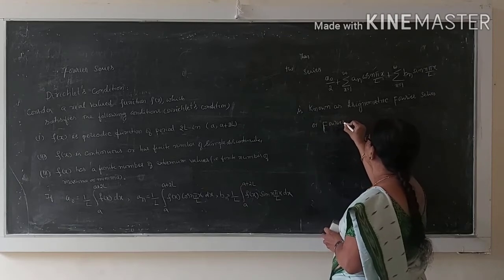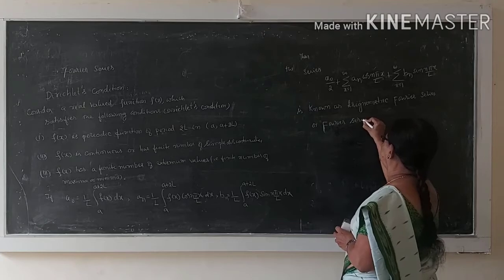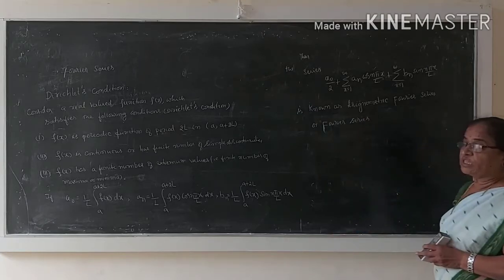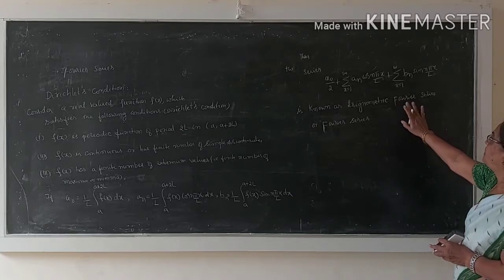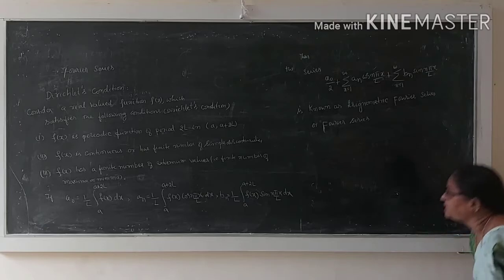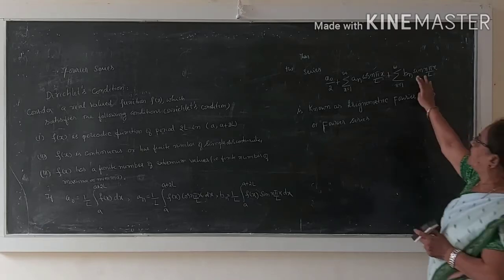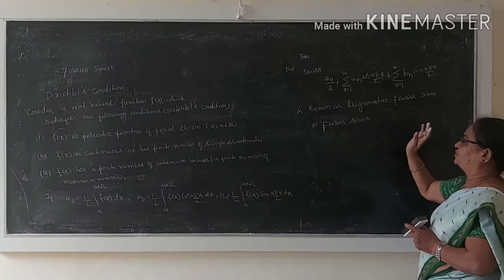Some people call this the trigonometric Fourier series since the terms involve sine and cosine, and it was developed by Joseph Fourier. Usually, we call this the Fourier series.